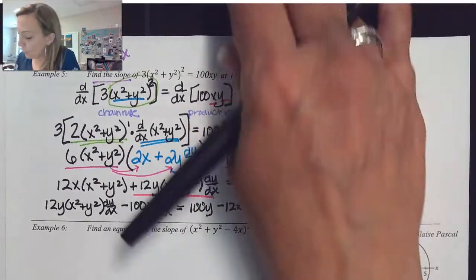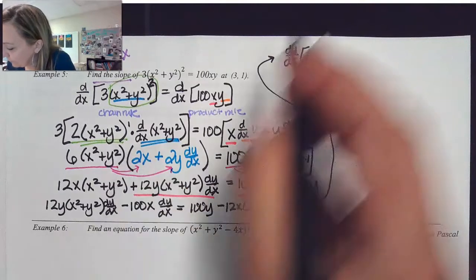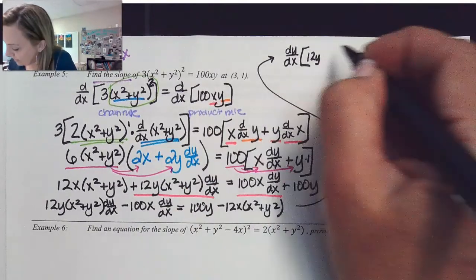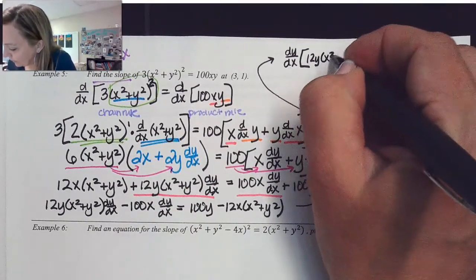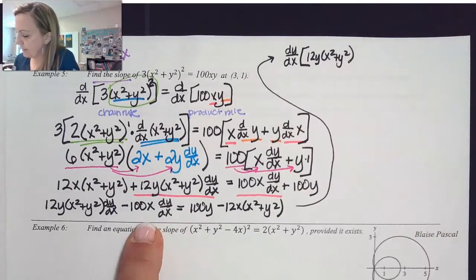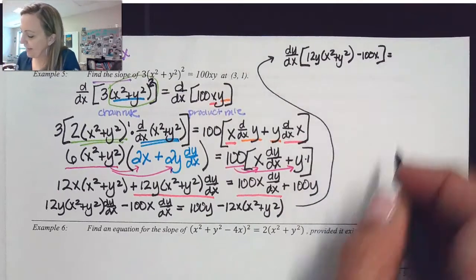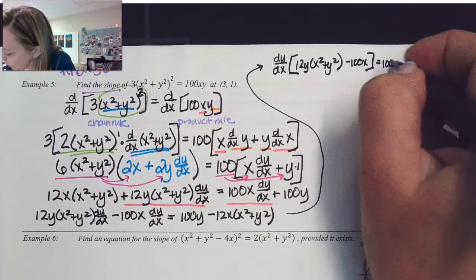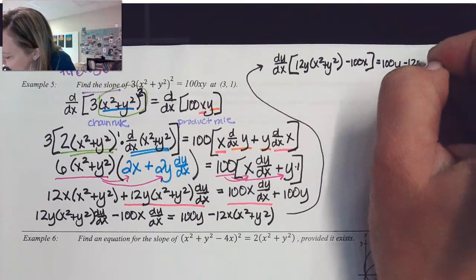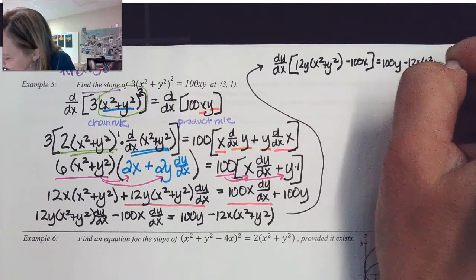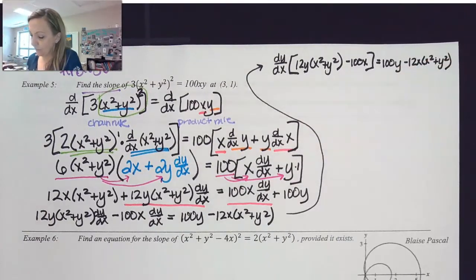And so if I pull a dy/dx out, I'm left with 12y times (x squared plus y squared) minus 100x, and then that equals 100y minus 12x times (x squared plus y squared).